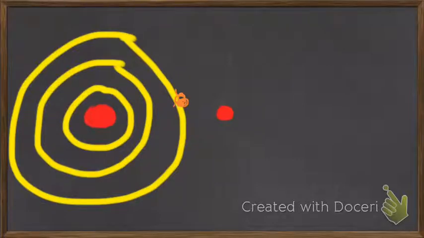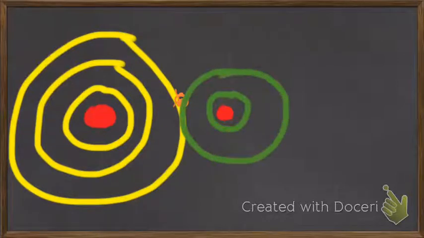The second atom maybe only has n equals 2, so it's got an electron sharing out here in its outermost level. Remember, the term for the outermost levels is valence, so these are valence electrons.